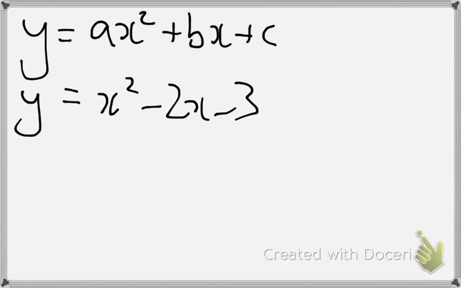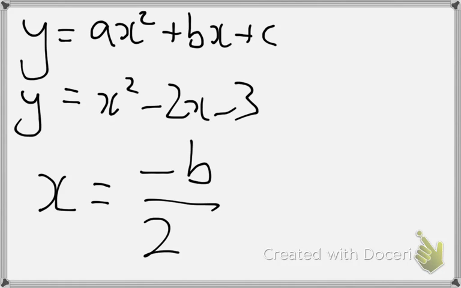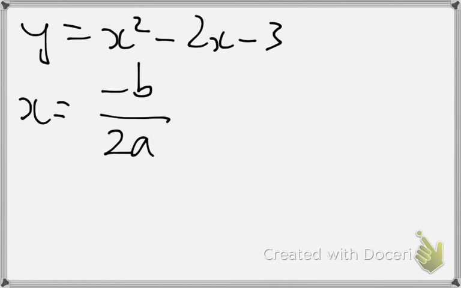The formula for the x value in the axis of symmetry is x equals minus b over 2a. So all I do is I sub my values in. B is equal to minus 2, so I replace my b with minus 2.